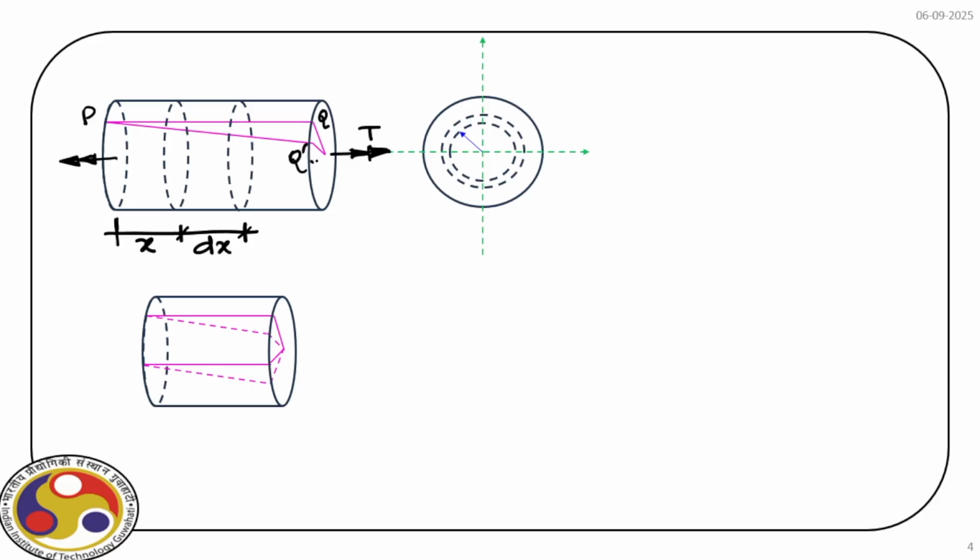The angle here, say it is phi. So phi is the angle of twist.